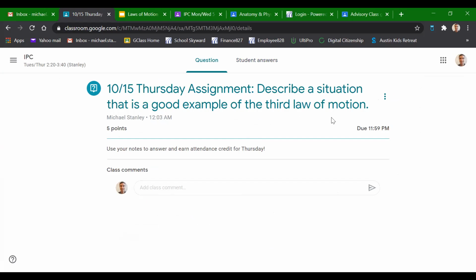We went over a whole bunch of them today, so it shouldn't be too difficult. But all I want is for you to provide an example and explain how it displays that third law of motion, that action-reaction law.